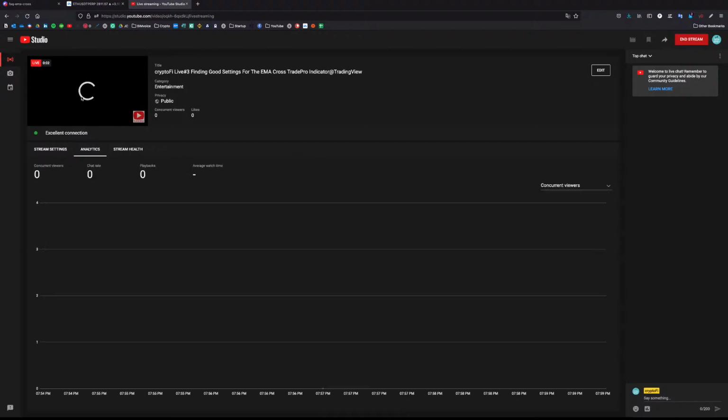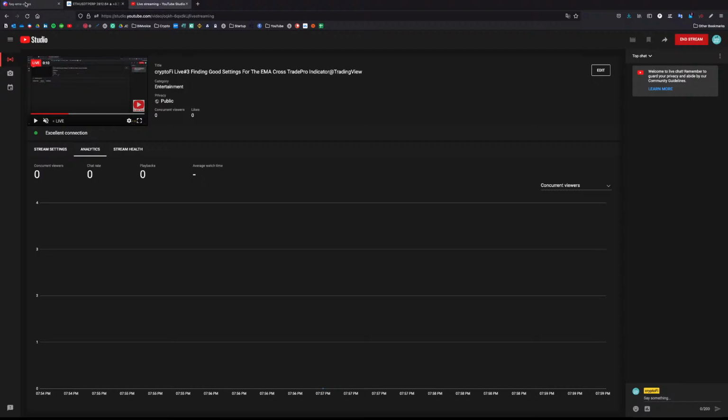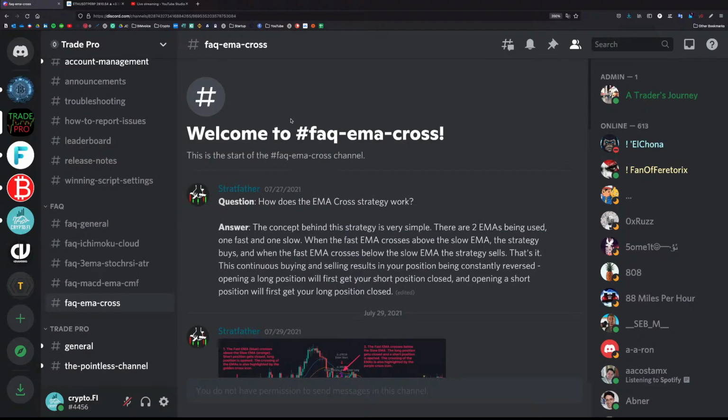Let's see what we managed to find tonight. Tonight I want to try to use this newly released indicator by TradePro, which is the EMA Cross strategy.